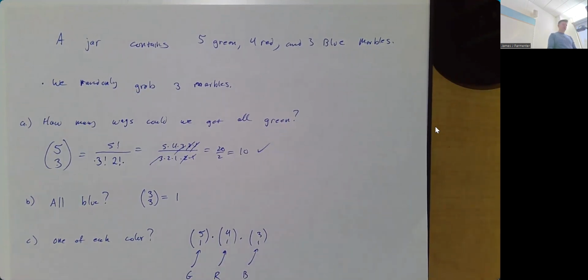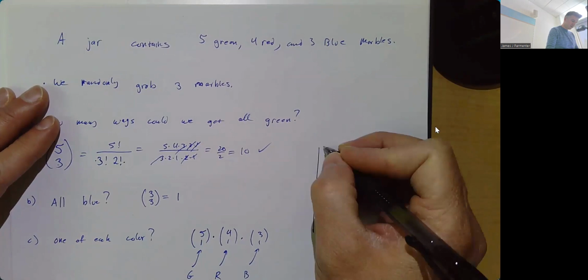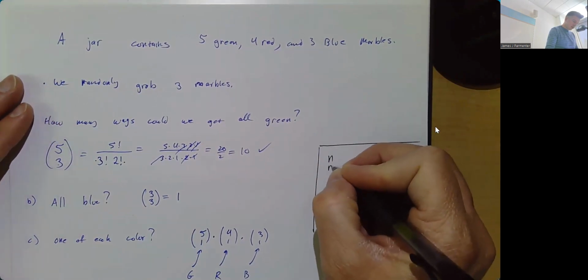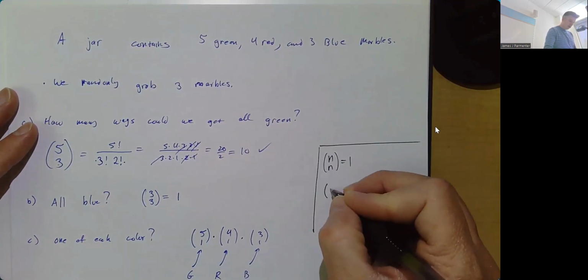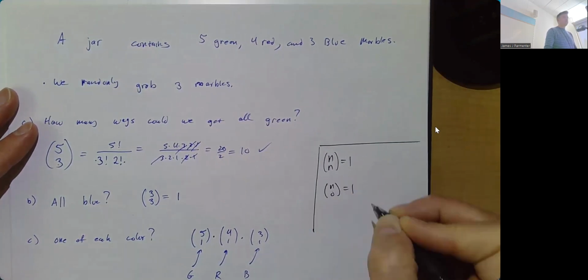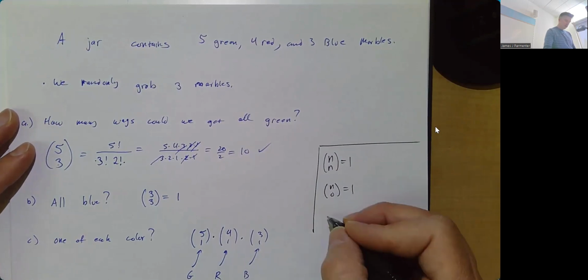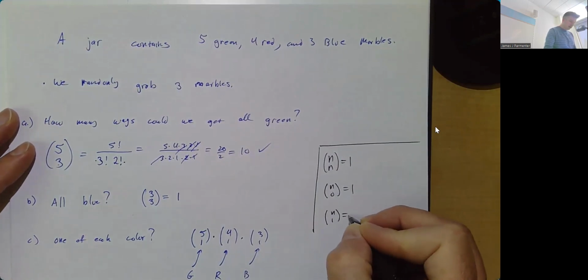I do think it is worth knowing the following easy facts, because there are some simplifications you can do that are easy. So just so you all know, n choose n, like we just said, is 1. n choose 0 is also 1. n choose 1 is n.